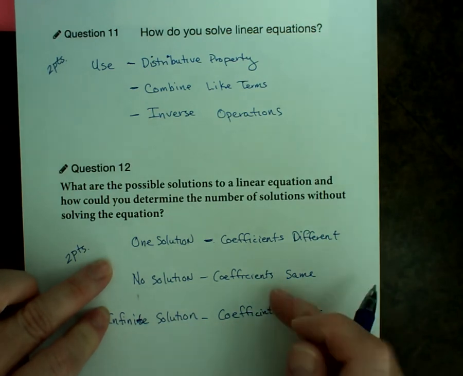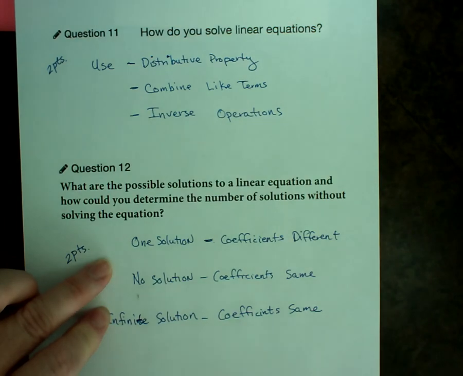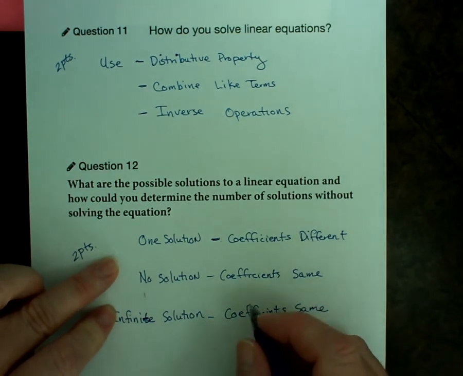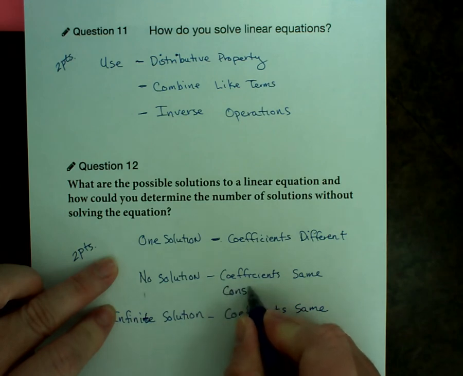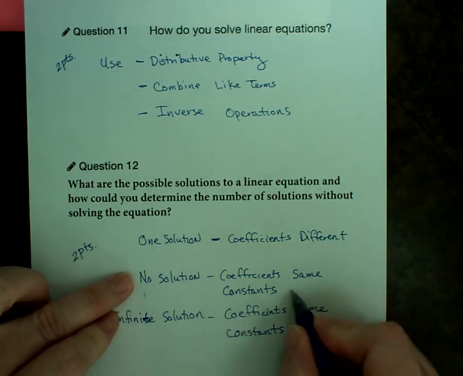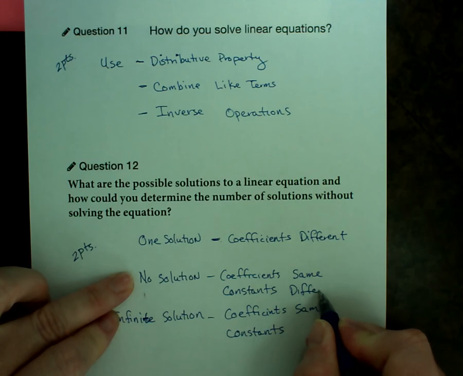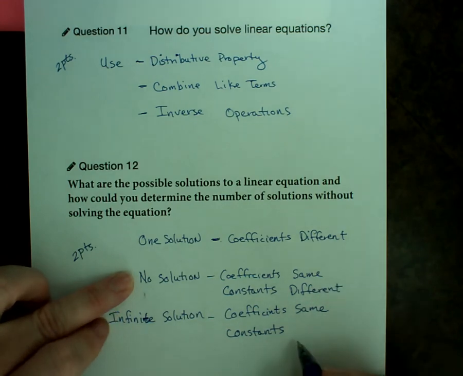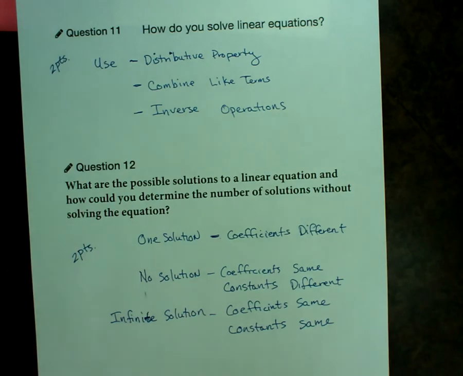After you have the coefficients being the same, you have to look at the constants. In the no solution case, the constants are different. And in the infinite case, the constants are the same, because they're identical on both sides. We called it an identity.